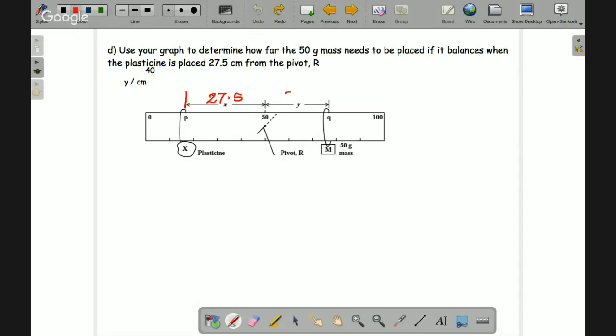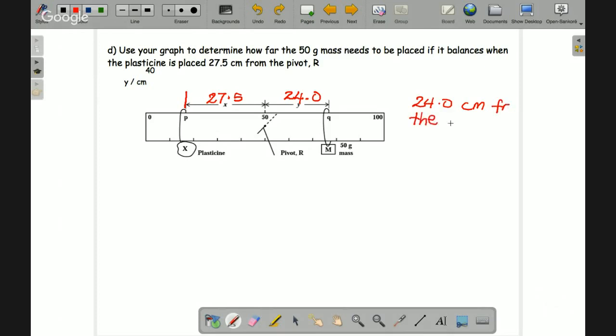So according to the graph, y is 24.0. But the question asks, determine how far. The question asks, determine how far the 50-gram mass needs to be placed for it to balance, right? So you can say 24.0 centimeters from the pivot.